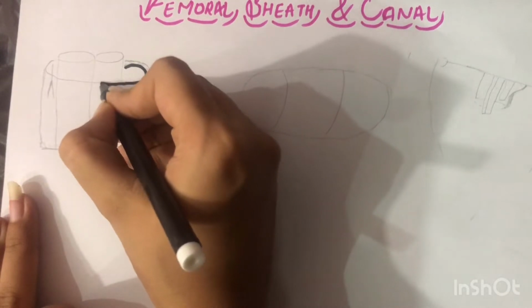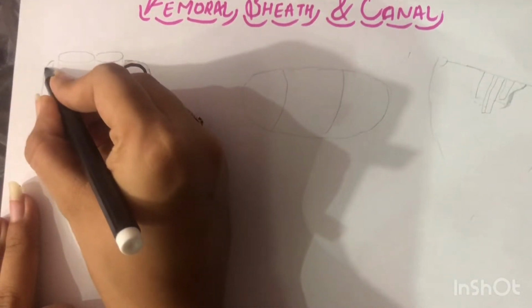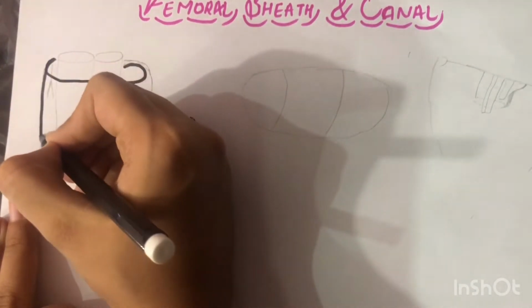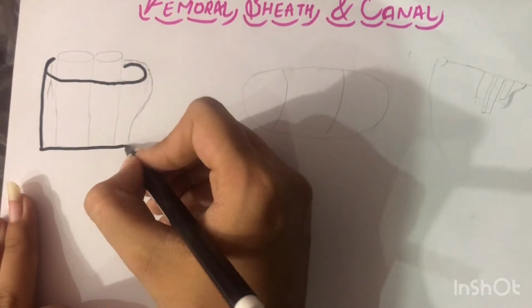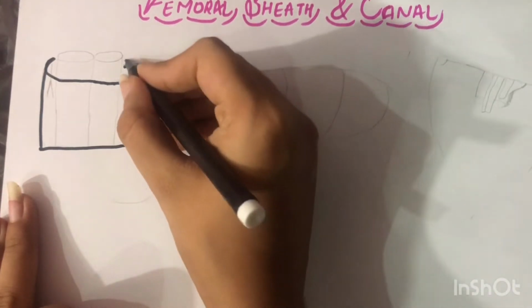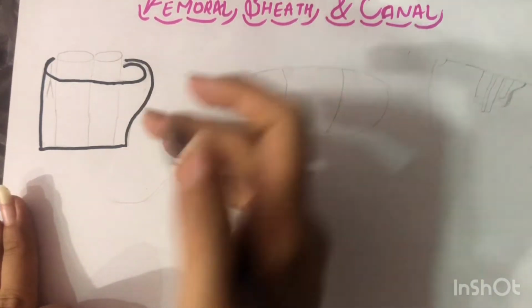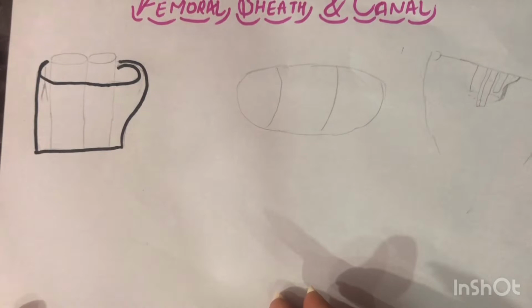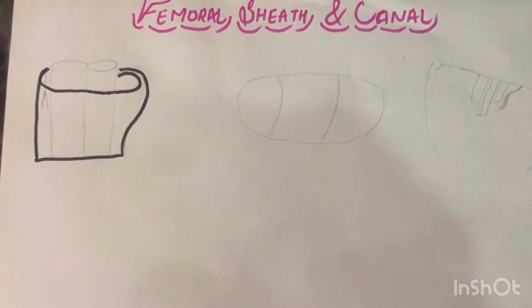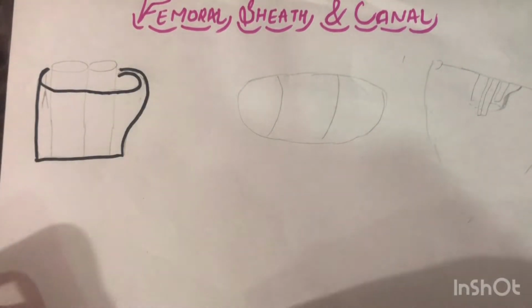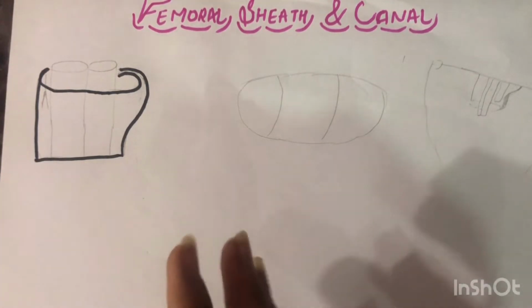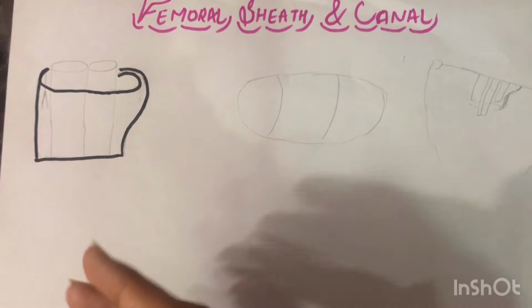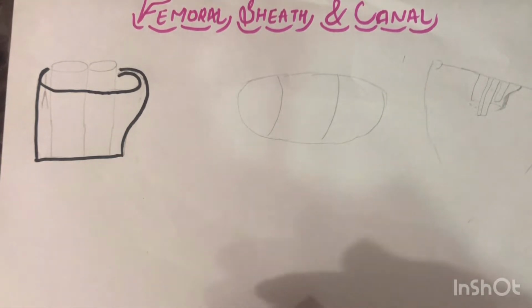So this one is our femoral sheath. The femoral sheath is basically the fascia of the abdomen extending in the femoral region, or the thigh region.